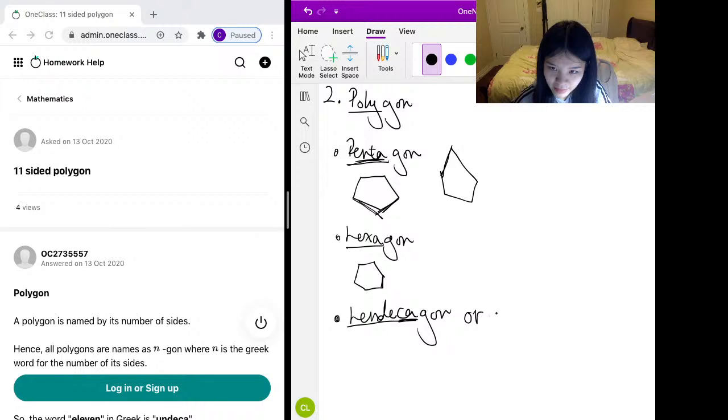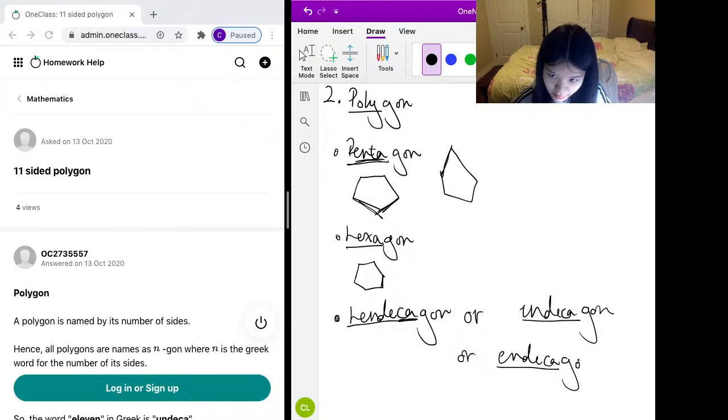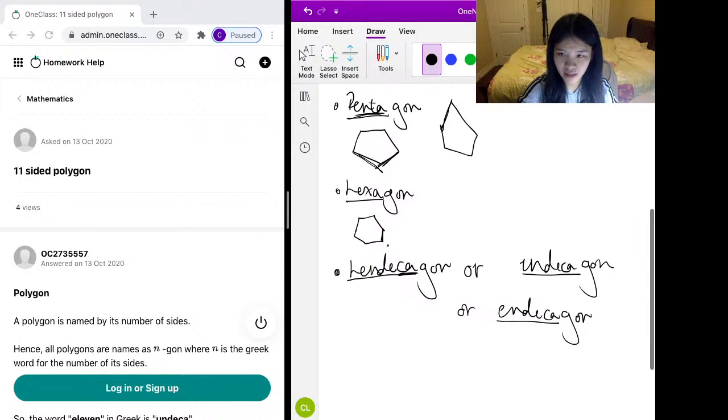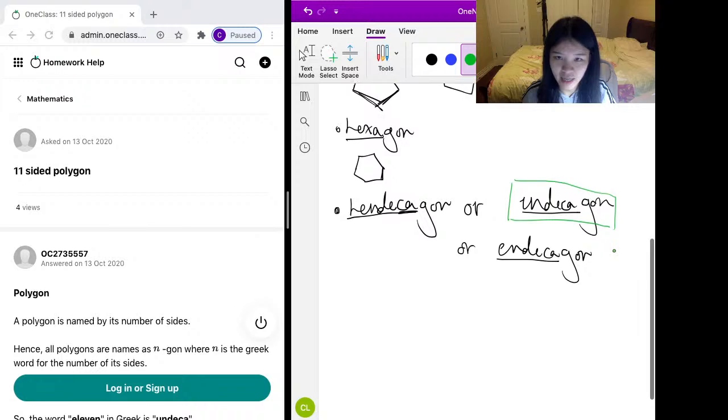It can also be called an endecagon, which is also a name for an 11-sided polygon. I think the most commonly used name is endecagon, or maybe hendecagon, depending on where you came from. So this is the name for an 11-sided polygon.